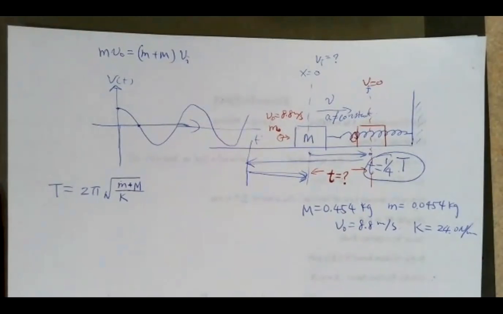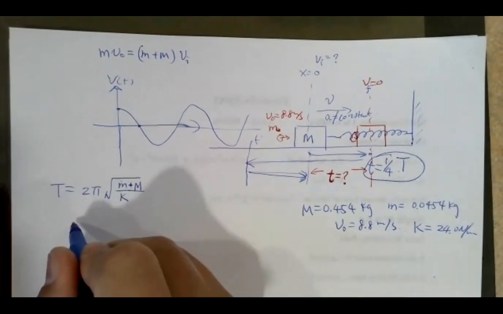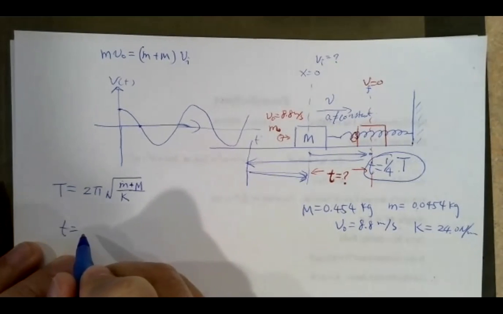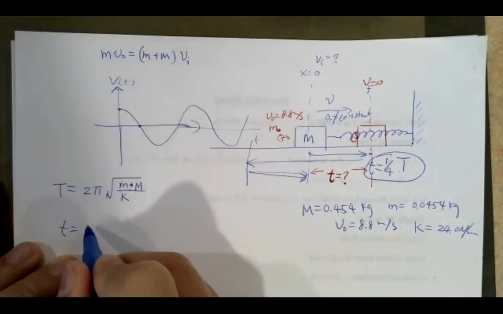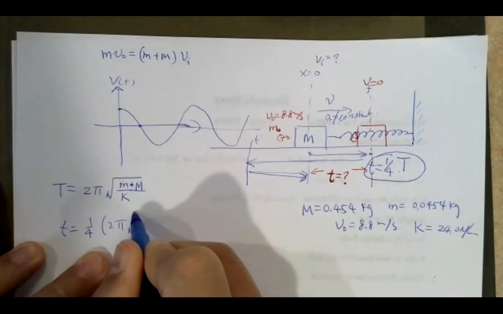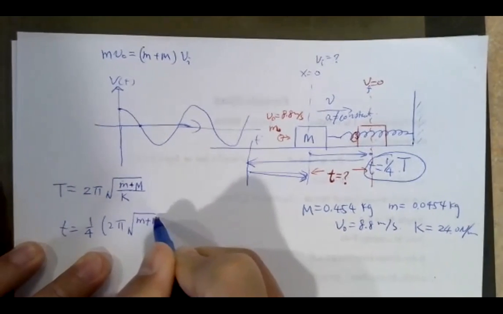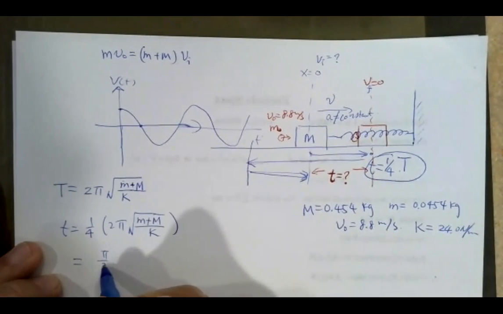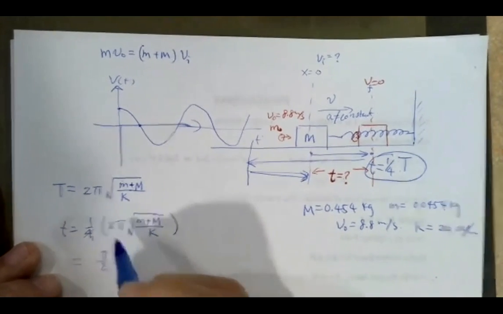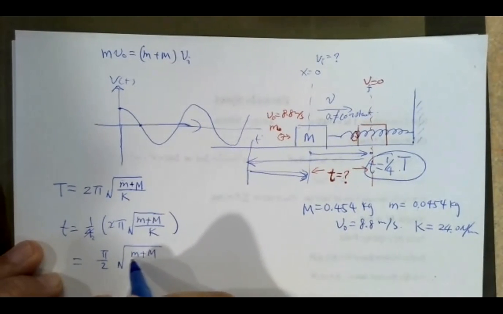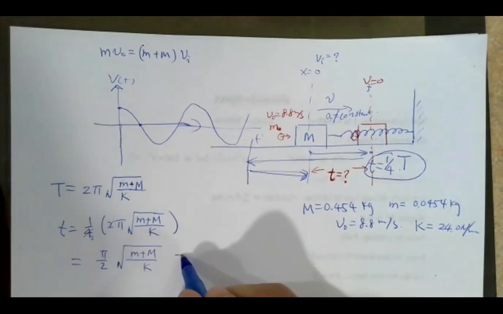So the time being asked will be 1/4 of 2 pi square root of small m plus capital M divided by k. That will give you pi over 2, since the 4 partially cancels the 2, times the square root of the sum of the two masses over k.